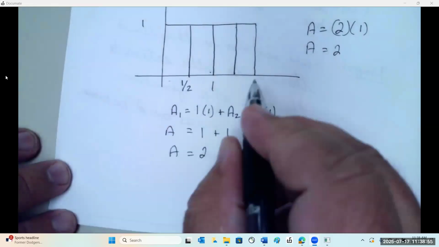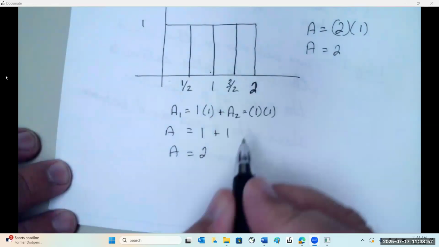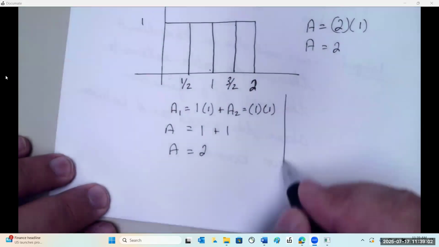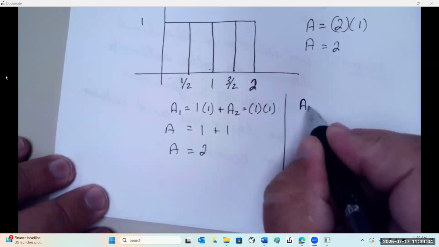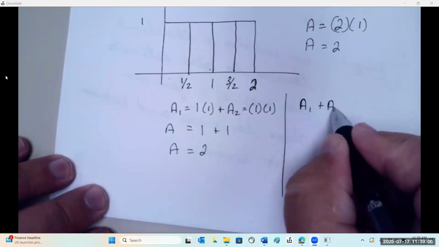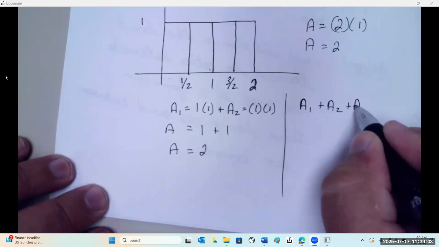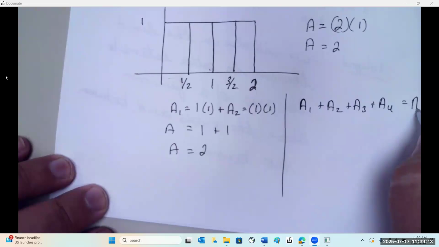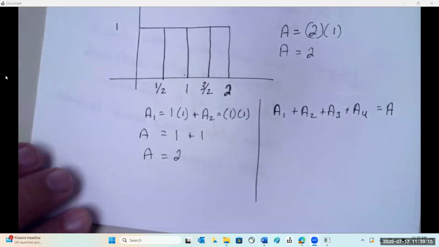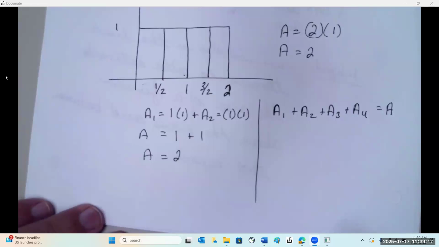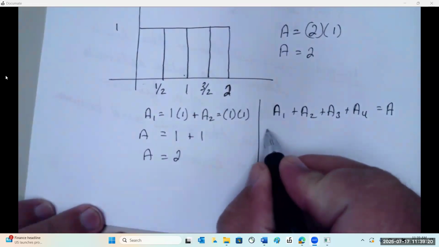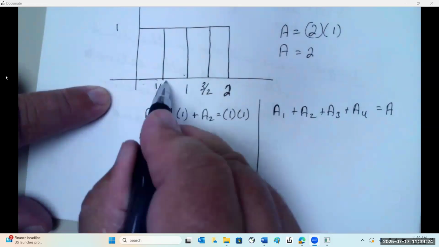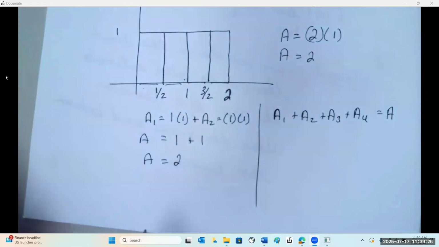So this is 1/2, 2/2, 3/2. So now we have 4 areas to calculate, together which will give us the actual area of the object. Notice how the base is uniform.